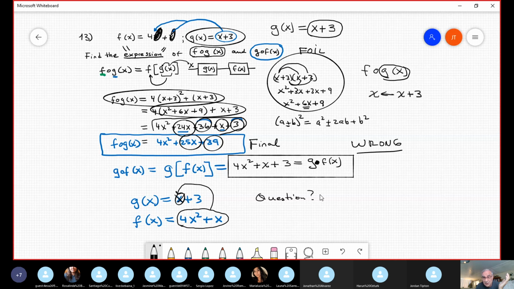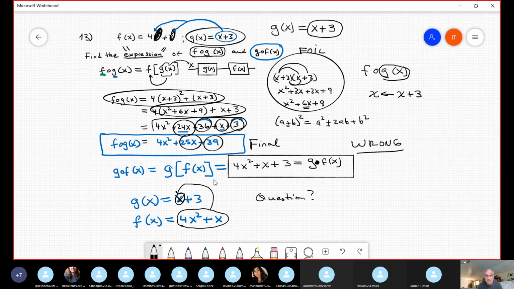It's not multiplication. It's composition. Composition means one function inside another function. One function opens its mouth and swallows completely the other function. In this order, f swallowed g. In this order, it's opposite. It's g swallowed f. Okay, it's one interpretation.